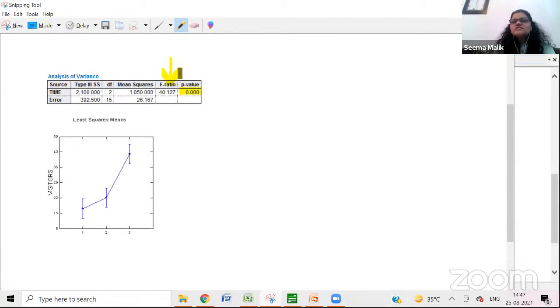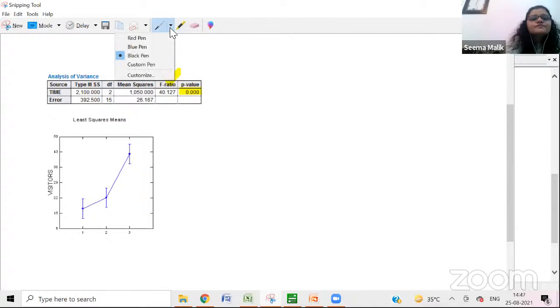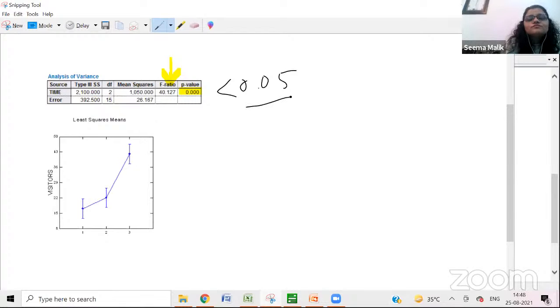The variance test we did in the independent sample t-test also shows the F value. So here the F test is performed and the p value is 0.00, which is less than 0.05. P value low, hypothesis go.